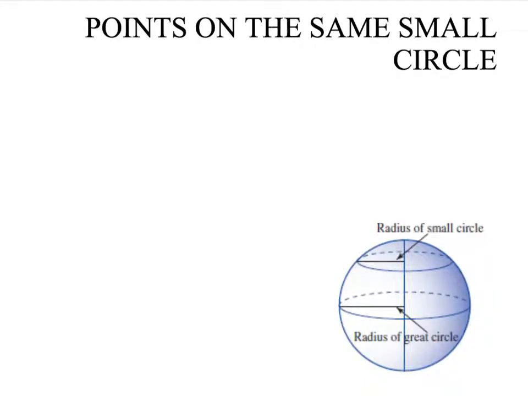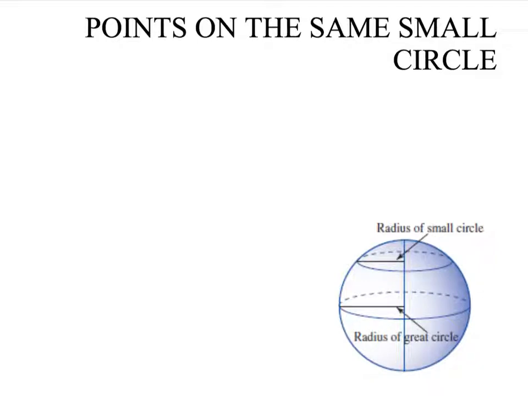So when we look at the points on the same small circle, if you remember, your small circles are these little ones here, the ones that are north and south of the equator. The equator itself is a great circle down here, and hence we have this as the radius, whereas those small circles are going to have a radius that's shorter than a great circle radius.